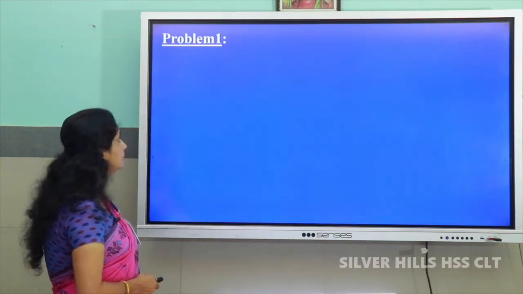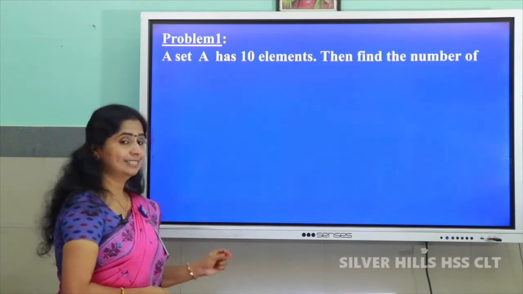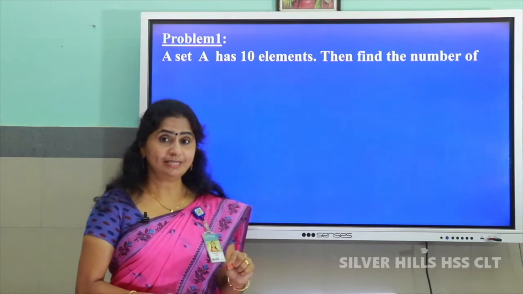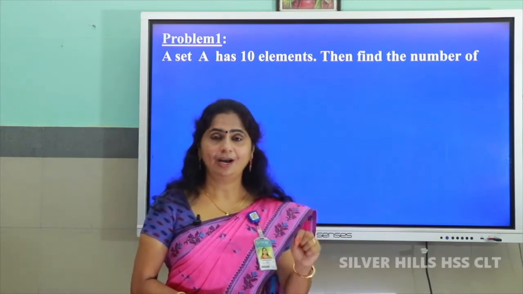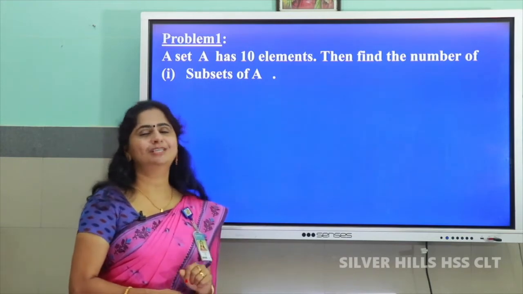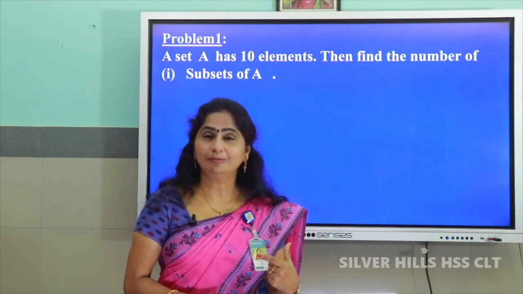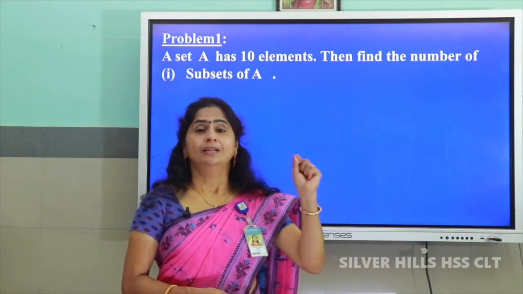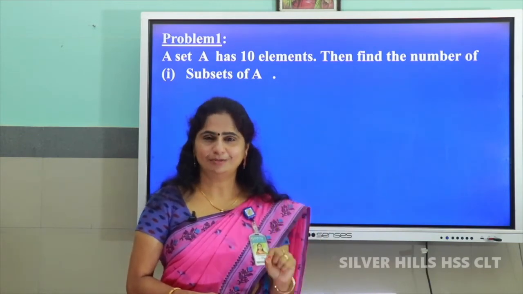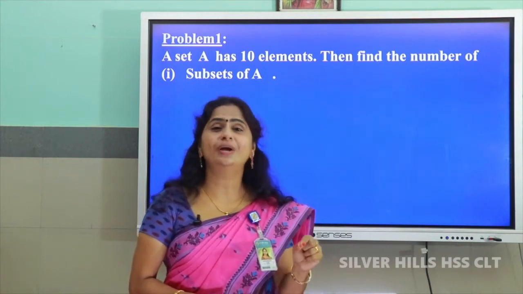The first problem: if A has 10 elements, which means m is taken as 10, n of A is 10, then find the number of, first question, subsets of A. So just now we noted some important points. The formula to find the number of subsets of A having m elements is 2 raised to m.